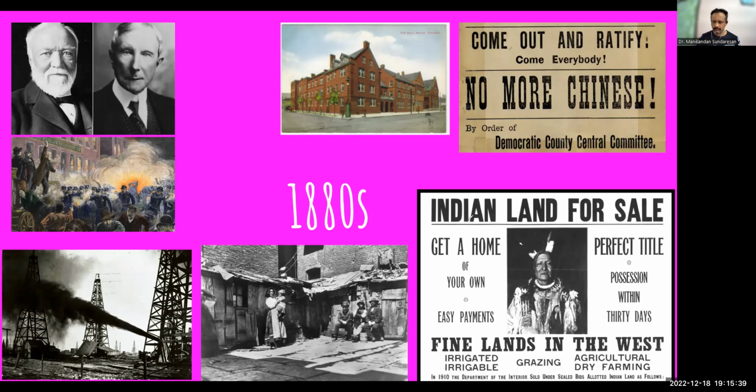So they were slowly getting removed from their land, and by 1887 this Dawes Act basically gave American Indians land and told them to assimilate, get into white society, and get a proper home.